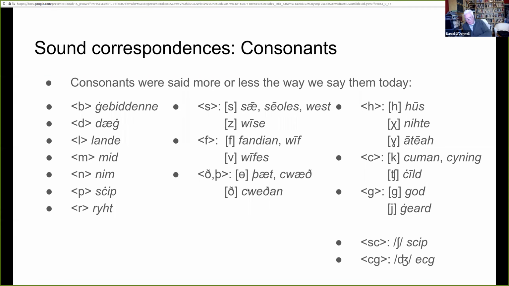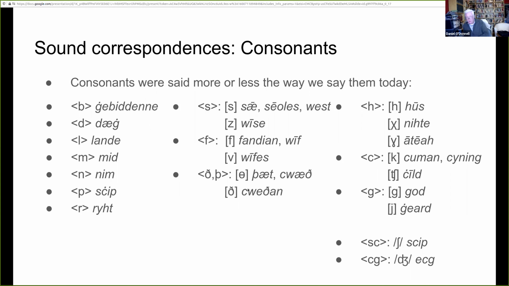An easy one is at the bottom, just because it came up in the graduate course this morning. The thorn and the eth are used for the sounds that we spell with TH, and that is two different sounds. In modern English, they're phonemic. The one that looks like a circle with a bar through it is a voiceless sound.